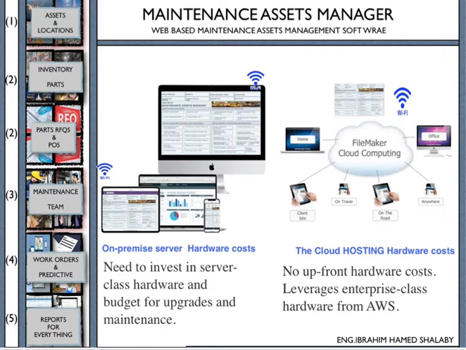Hardware costs. On-premise server hardware costs: you need to invest in server class hardware and budget for upgrades and maintenance. The cloud hosting hardware costs: no upfront hardware costs. Leverages enterprise class hardware from Amazon Web Services.